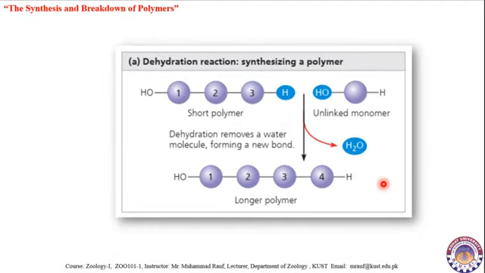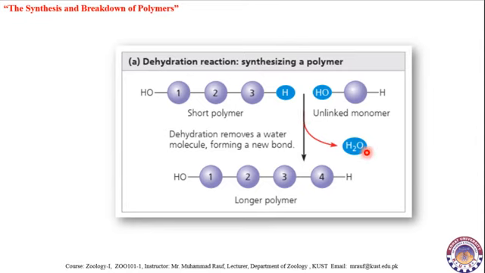Here you can see a graphical representation of the formation of a polymer. Those are monomers. They combine with the help of a dehydration reaction. One monomer is contributing hydrogen, the other monomer is contributing the hydroxyl.